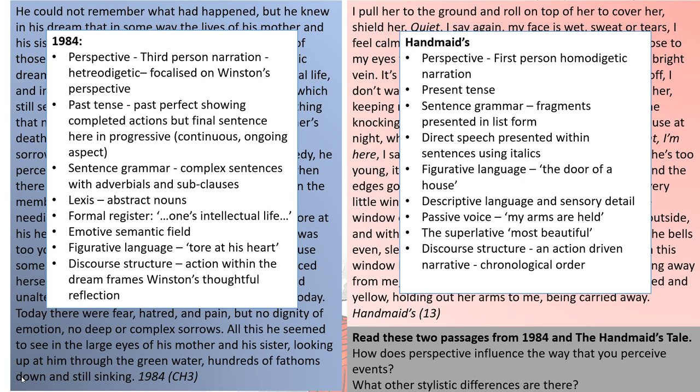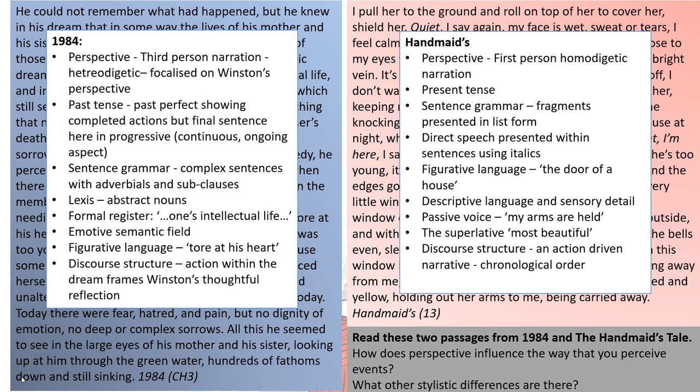The past perfect, the 'had' and the past tense version of the verb, presented a lot of these thoughts and actions as completed and finalized. But in the end, that final sentence in this extract, looking up at him through the green water, hundreds of fathoms down and still sinking, that was in the progressive aspect. So although these were events in the past, they were presented as ongoing actions.